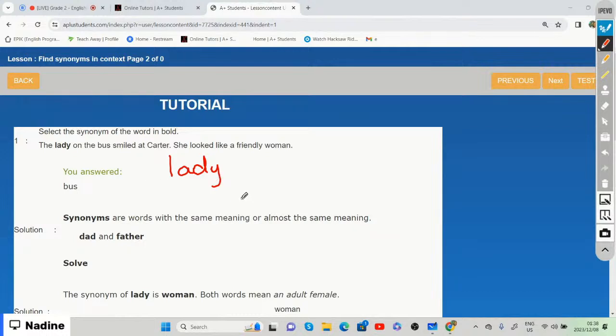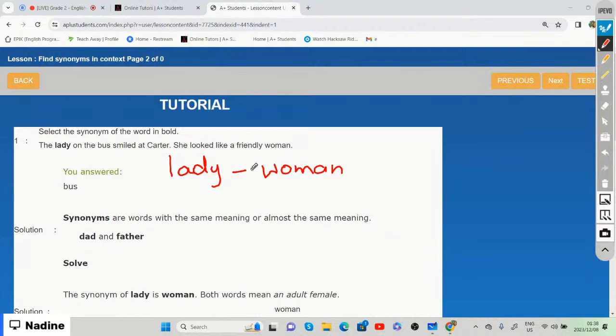So lady. A word that is similar to lady will be almost the same in meaning. So the word that is similar to lady is woman.